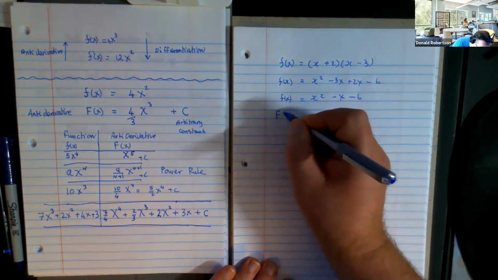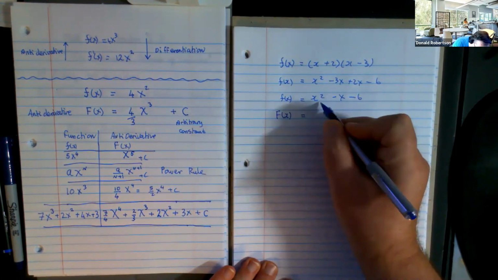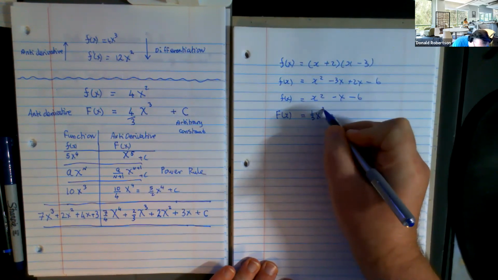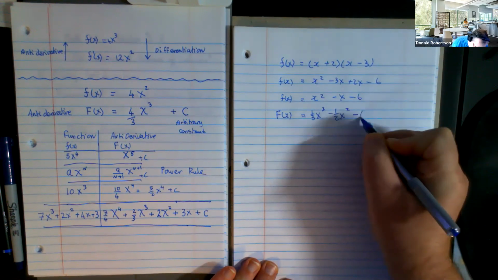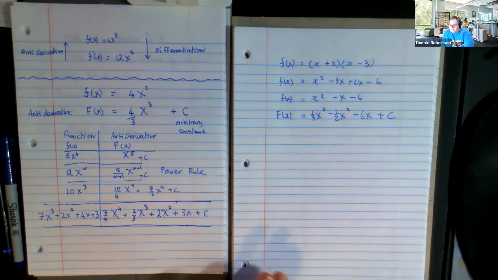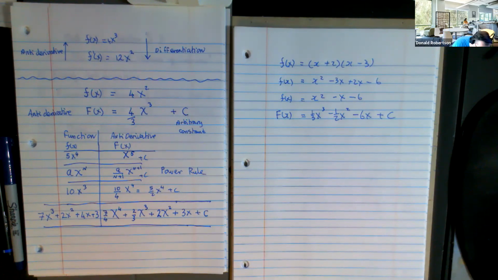So its antiderivative would be: add 1 to the power, divide by the new power, add 1 to the power, divide by the new power, and get that. So sometimes you have to do FOIL, distribute, whatever, right? Some algebra first, and then you can use the power rule to get the antiderivative.